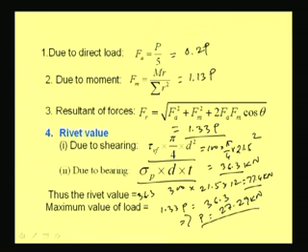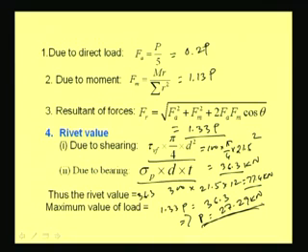So, the maximum value of the load which can be carried by the joint is 27.29 kilonewton, and the worst affected rivet is rivet number 3 as per the dimension whatever it has been given. As per that, rivet 3 is becoming the worst affected rivet, and that can carry 27.29 kilonewton load on that joint, right.